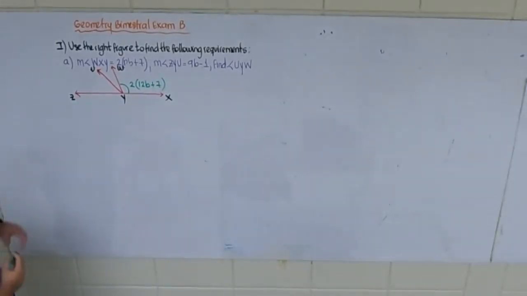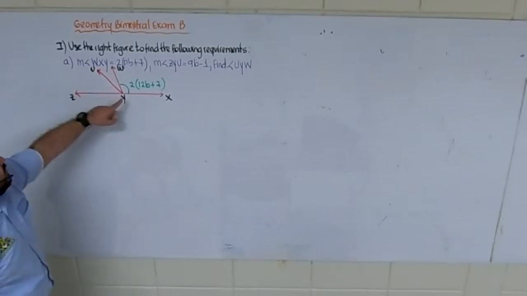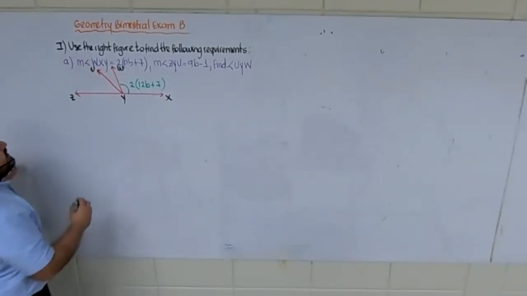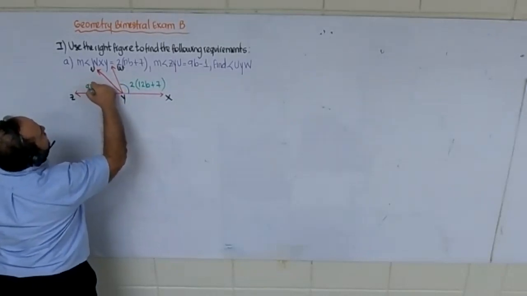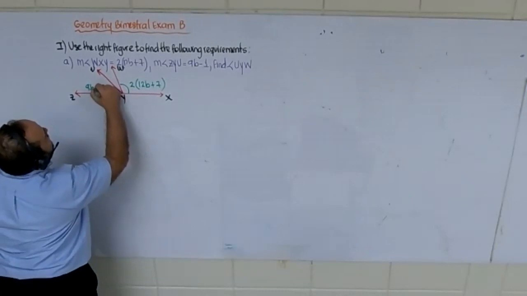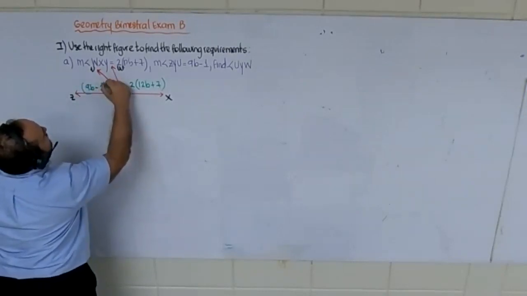And after that, we have the measure of the angle CYU, located over here, which has a value of 9B minus 1 degree.